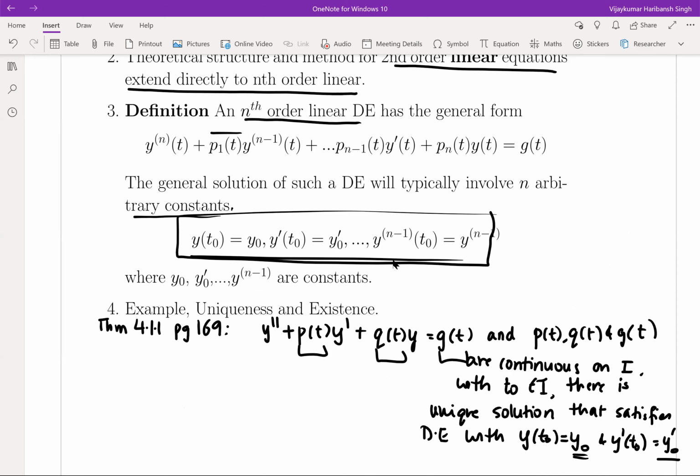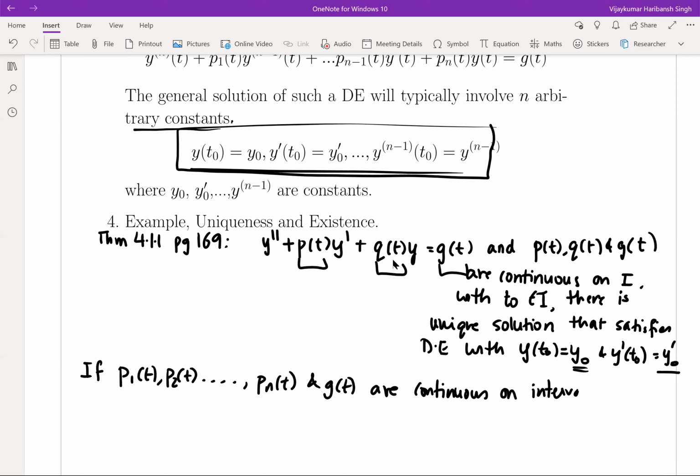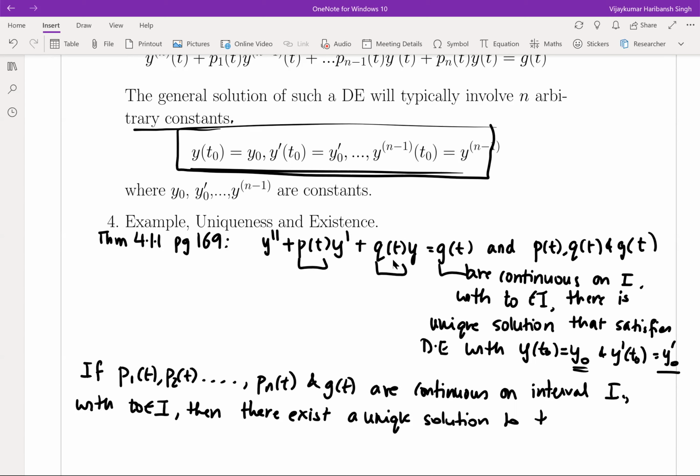So if p1 of t, p2 of t, dot dot dot, pn of t, and g of t are continuous on interval I, with t naught belonging to I, then there exists a unique solution to the differential equation.